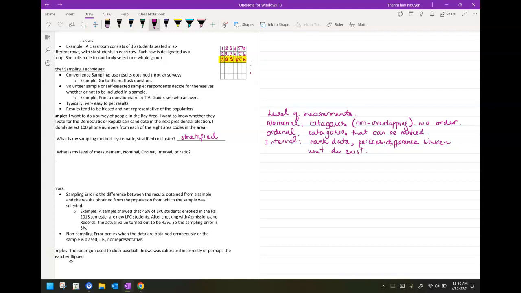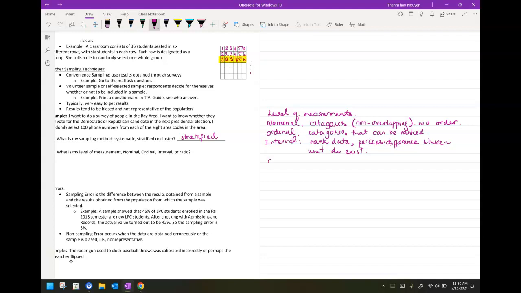However, there's no meaningful zero. Okay, so say for example, the tree grew 10 feet compared for this year to last year. So there's no meaningful zero.